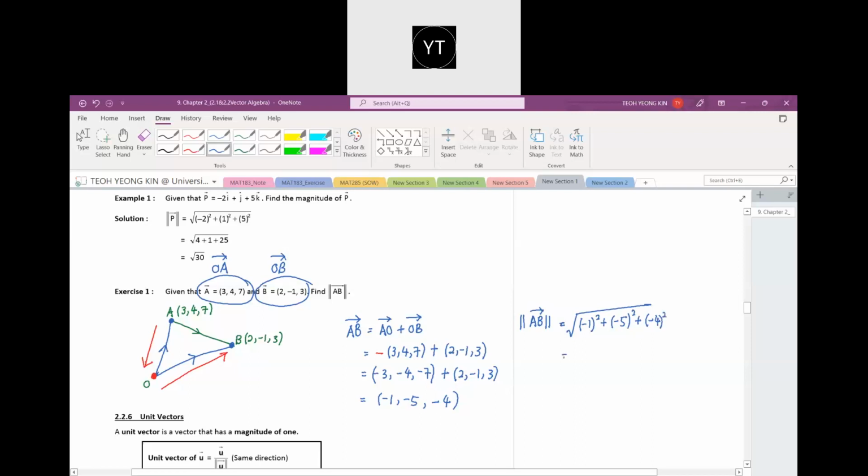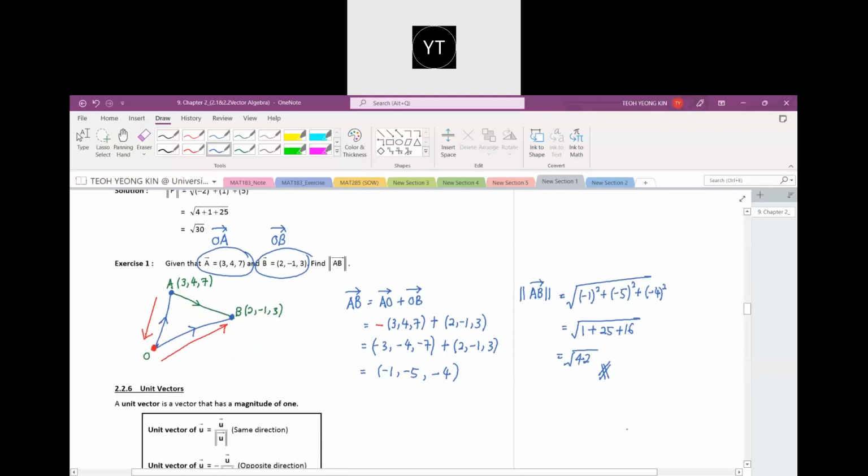From here, I should have 1 plus 25 plus 16. We should have square root of 42. So this is the magnitude of AB.